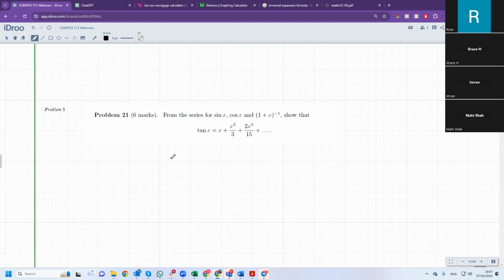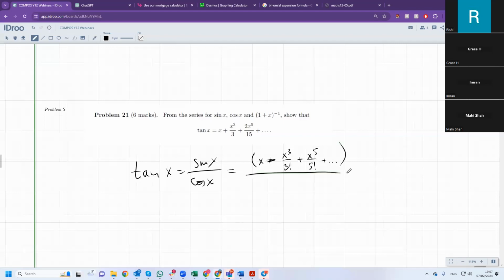Here you need to realize that tan x is sine x over cos x, and sine x is x minus x cubed over 3 factorial plus x to the 5 over 5 factorial, etc., divided by 1 minus x squared over 2 factorial plus x to the 4 over 4 factorial minus x to the 6 over 6 factorial.